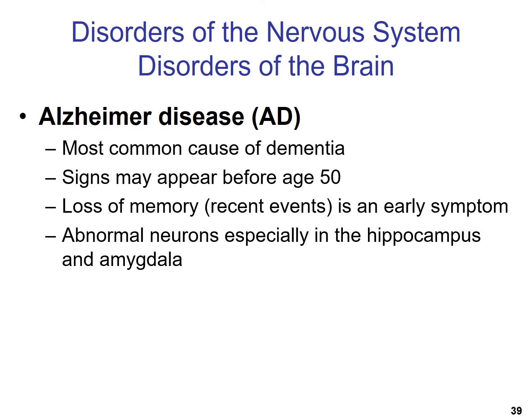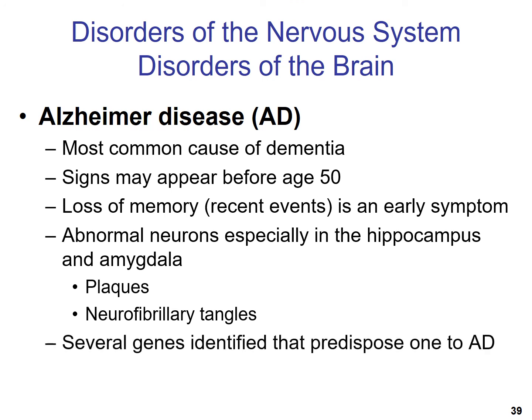So you have abnormal neurons in the hippocampus and the amygdala, and the hippocampus, again, remember that that's associated with memory. And so you have two symptoms: plaques of a type of protein called beta amyloid, and what are called neurofibrillary tangles, which are fibers in the axons that tangle up and inhibit nerve impulses, so the axons don't work the way that they should.